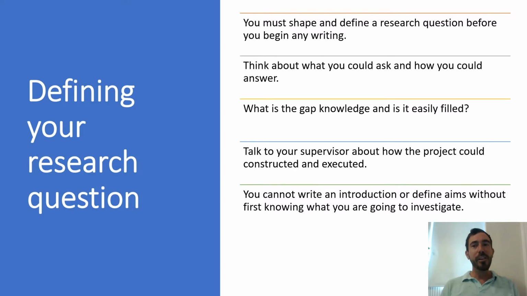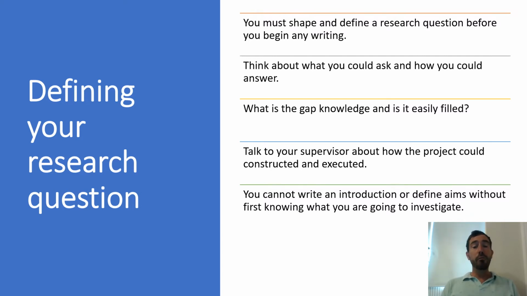Again, as you're going through this deliberation and internal discussion about what you want to do, talk to your supervisor, communicate with them so that when you're constructing and eventually executing your project, it will be fit for purpose and get you a valid and robust data set.